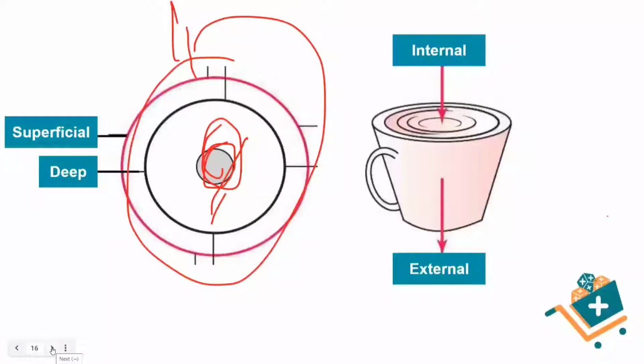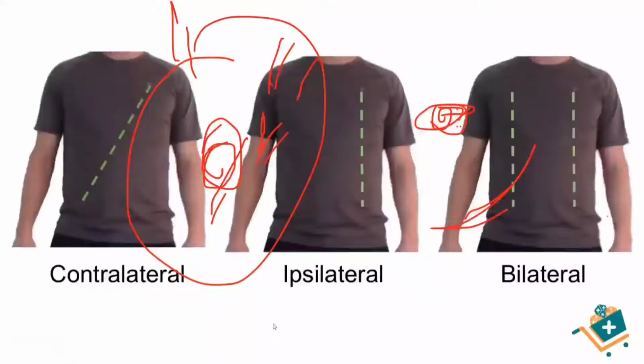Again, comparing this line and this line, this one is deeper. And internal means the inside structure: for example, this is a cup and it has some tea or coffee inside it. The drink is internal, and the cup is external. Internal and external are different terminology from deep and superficial.